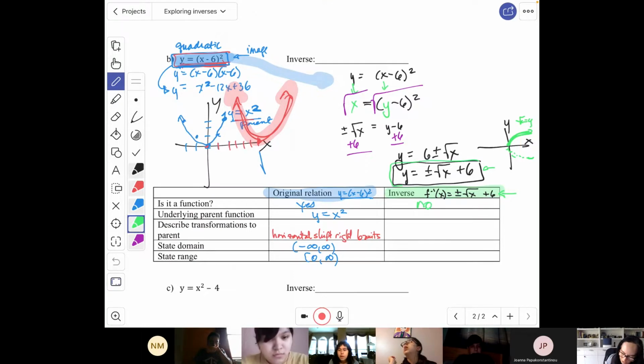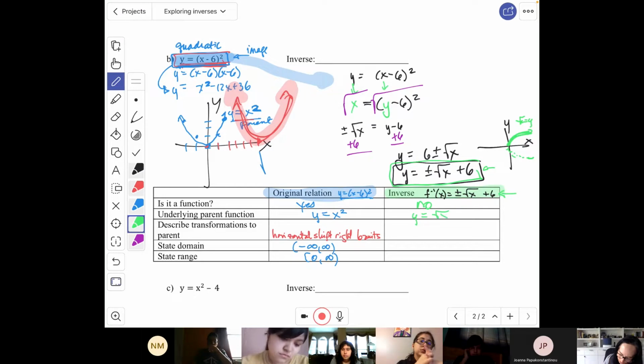Now, looking at this inverse, what is the underlying parent to that inverse? If I strip away transformations, what would be the parent? I know this is pretty heavy duty, but this is algebra 2. You should have already seen this. Y equals square root of x. Beautiful. Thank you, Eric.